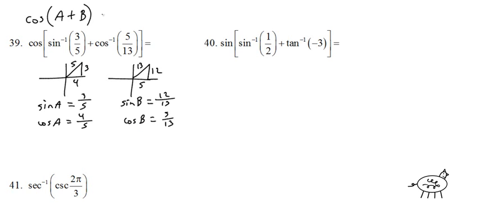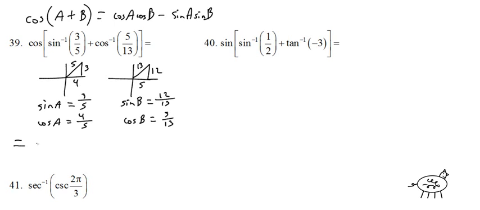Okay, well, you know cosine of A plus B is cosine A cosine B, opposite sign, minus sine A sine B. Got to know those formulas, guys. If you don't get those right, you lose really all the credit for it because you got to memorize those. Very important. All right, so let's plug it all in.